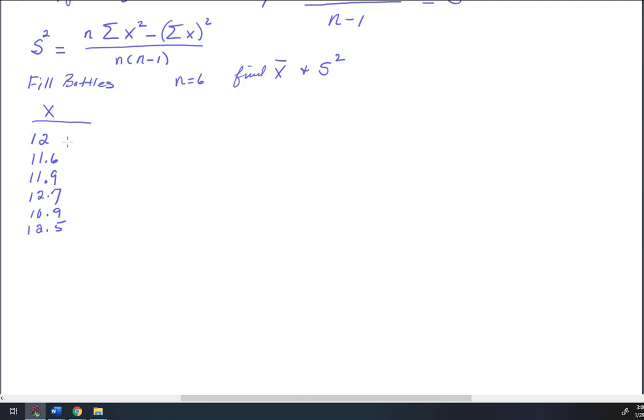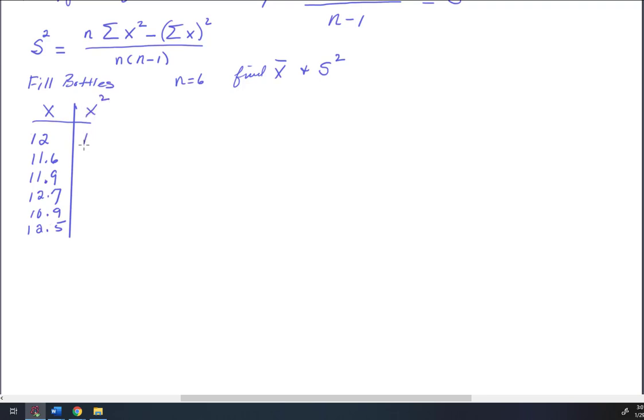Well, I'd have to square each of these and then add them up. But if I computed n and sigma x squared, then I would have pretty much everything I need to plug into this and calculate what the variance is. So I'm going to propose that we add a column here and call it x squared.